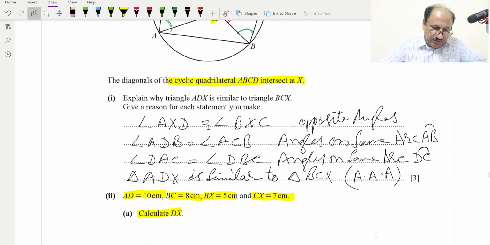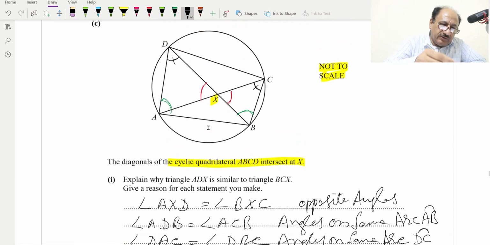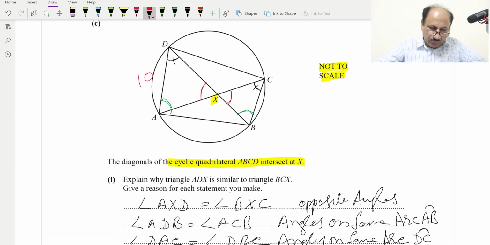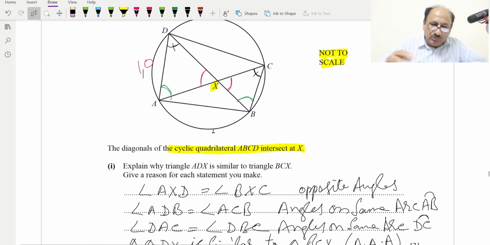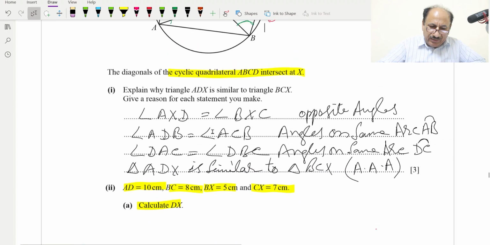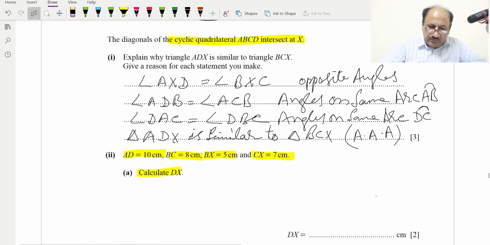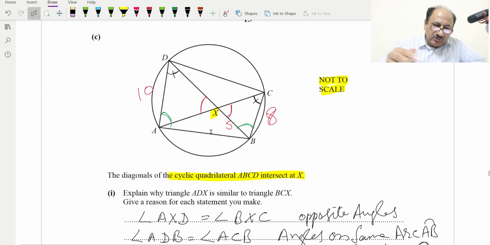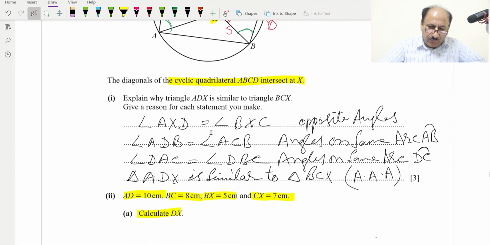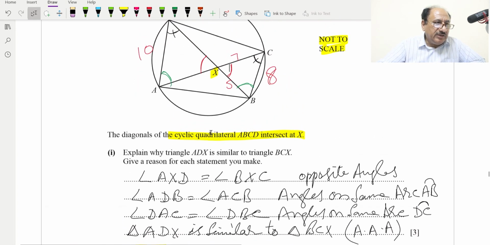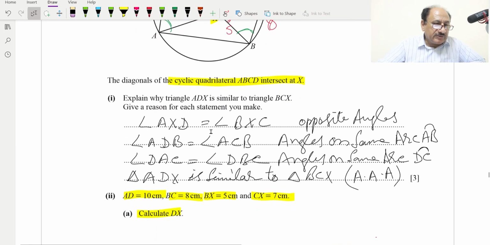So AD is equal to 10, BC is equal to 8, BX is equal to 5, and CX this side is equal to 7. So this is the information they have provided, and we have to calculate DX.